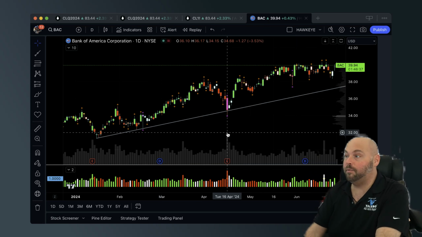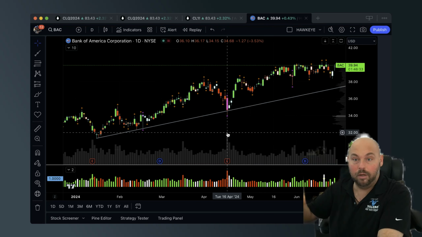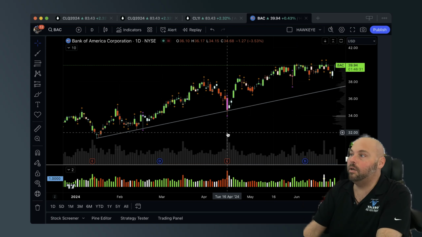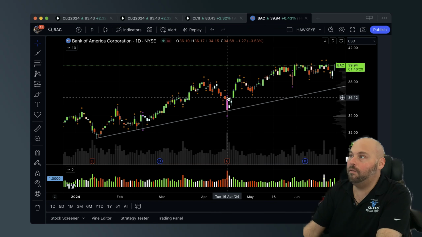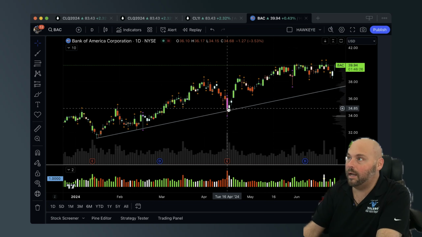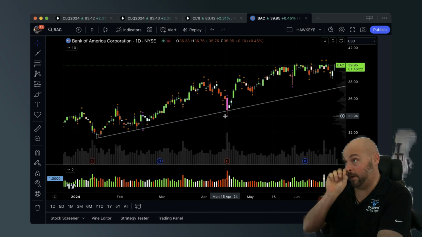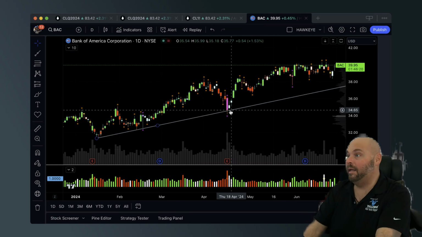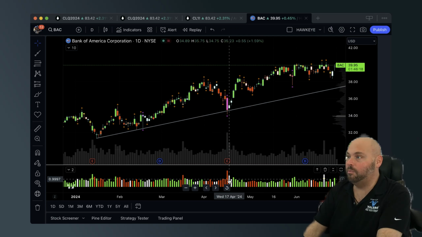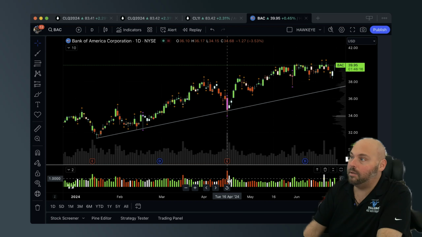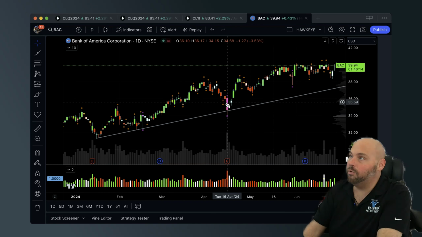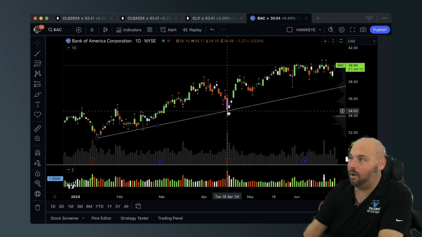So now let's fast forward, right, into April 16th. We're going to bump forward here a couple months, and let's look at this test of this trend line. Now, notice we come into this trend line very aggressively, all right? We pull back, heavy selling volume, ultra high selling volume dot right here, and we print a Hawkeye wide bar.